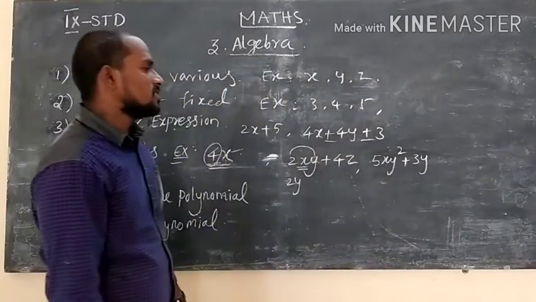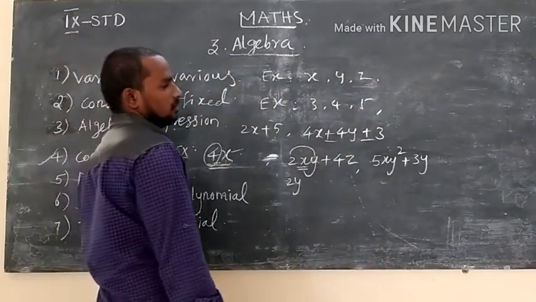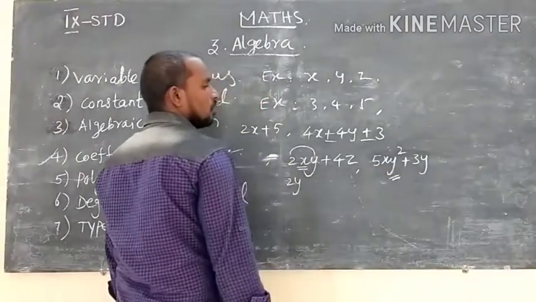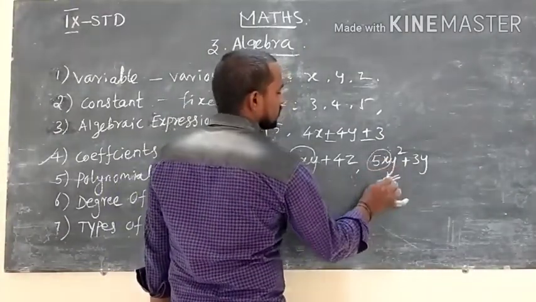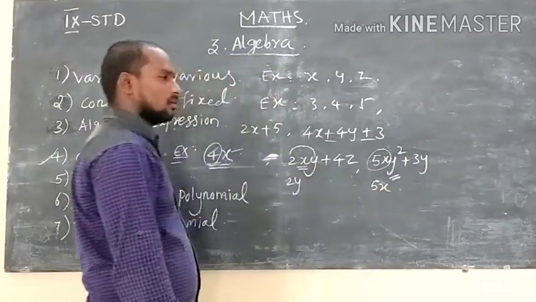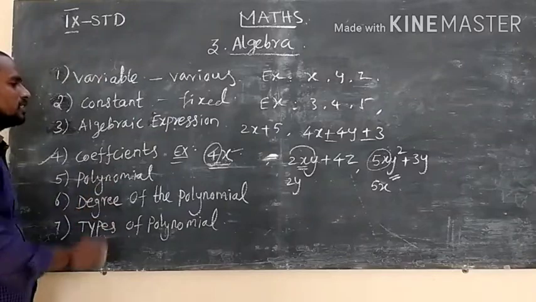What is the coefficient of y square? It is the remaining terms except y square. The coefficient of y squared is 5x. Have you understood the coefficient?